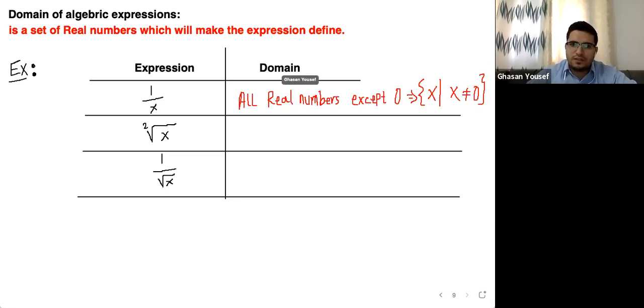Because I can plug in positives and negatives, but when I plug in 0, it gives me an issue. The only number I cannot plug into this expression is 0.